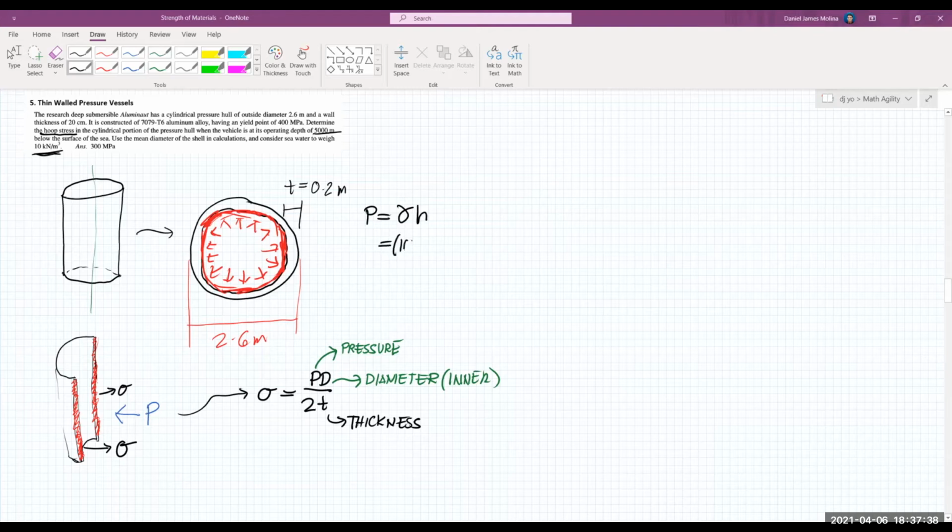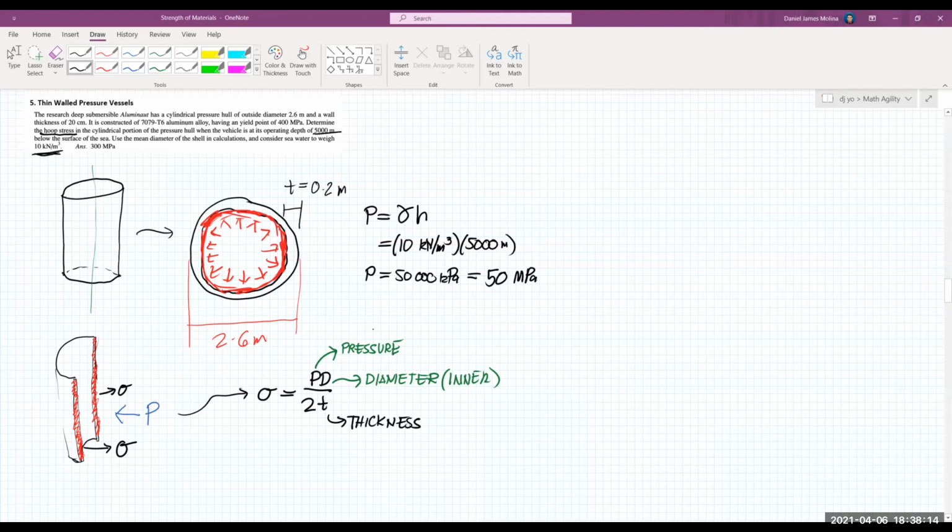So gamma is 10 kilonewton per cubic meter times 5,000 meters, which gives us 50,000 kilopascals. But since we will be dealing with stresses on materials, we can convert this into megapascals. That is 50 megapascals, just by dividing kilopascals by 1,000. So we have 50 megapascals as our pressure.